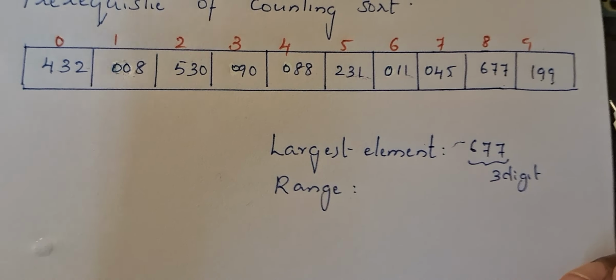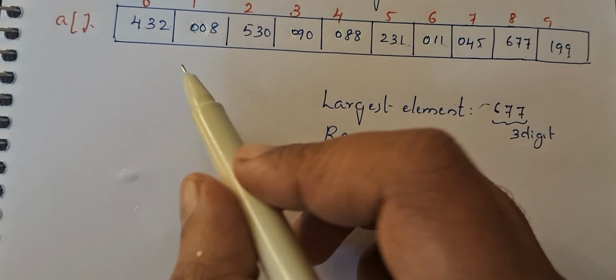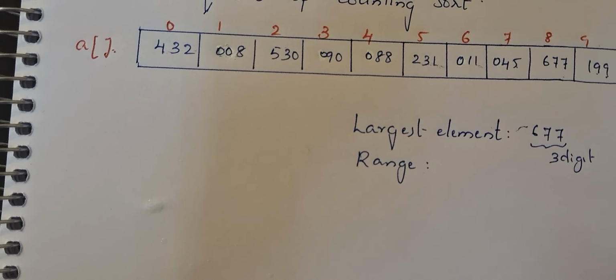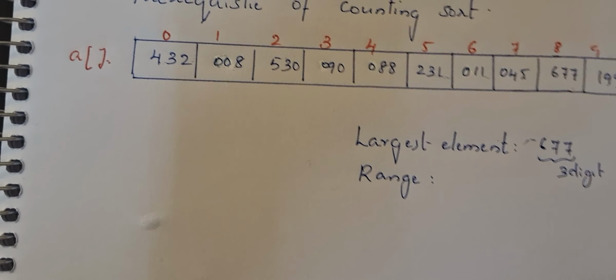That is, 3 passes are required to sort all the elements in this array. Like counting sort, we should maintain a count array.